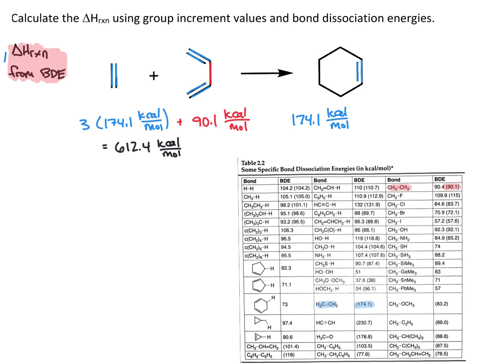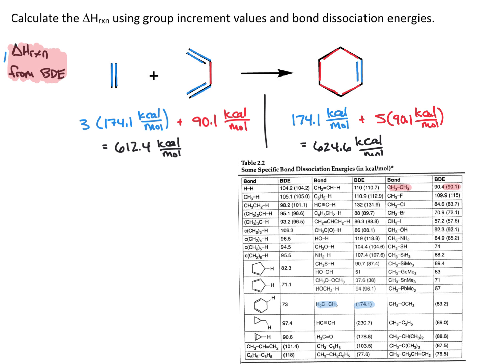And then in the product we have 1, 2, 3, 4, 5 carbon-carbon sigma bonds. And we're just going to use the 90.1 for all of those. All right, so let's add that up for the products. We get 624.6 kcals per mole.